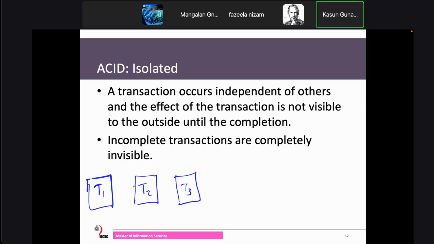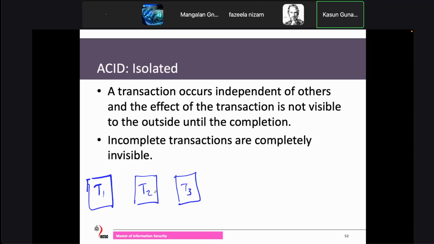When these transactions are running in the database concurrently, it should ensure that this concurrent execution leaves the database in the same state that would have been obtained if the transactions were executed sequentially, right?